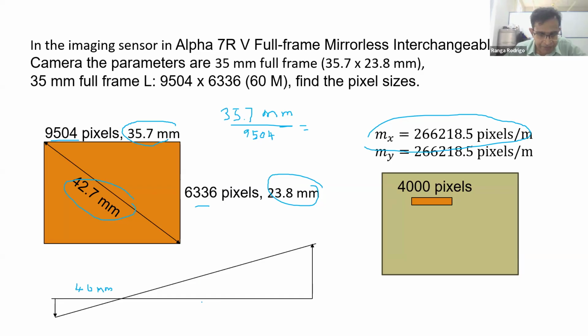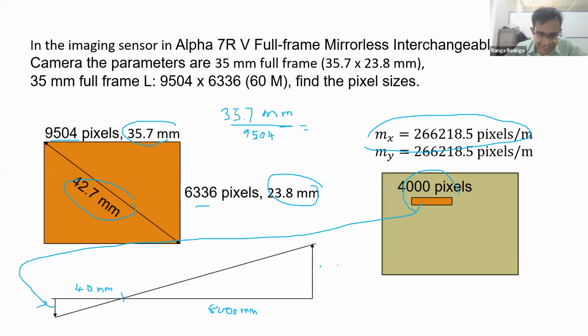And then your distance from camera to scene is, let's say, 8 meters, 8,000 millimeters. And if this is the size of the object, 4,000 pixels.